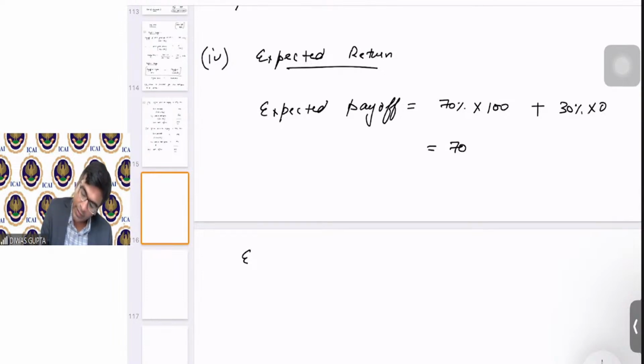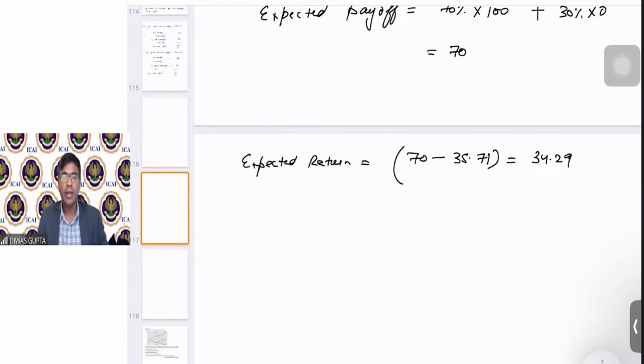What is the expected return? Expected return will be this 70 rupees minus the premium that has been paid. So it becomes 34.29. Correct? Expected return becomes this much.